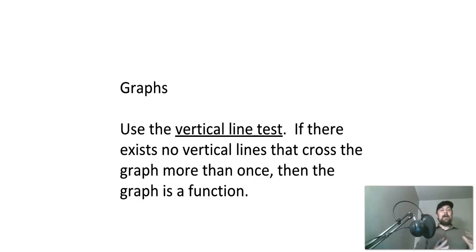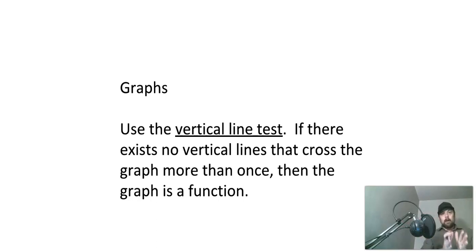So the vertical line test is going to be one of the easiest things that you will do in this course. If there exist no vertical lines that cross the graph more than once, then the graph is a function. But if you can find just one vertical line, now vertical goes this way, that crosses the graph more than once, the whole thing is ruined. It's not a function at that point.